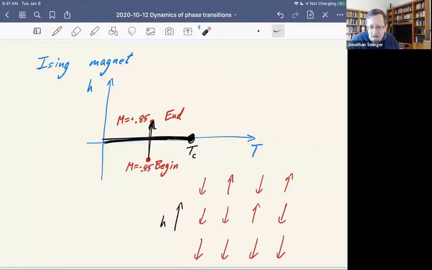When it flips from down to up, it has a favorable interaction with the applied field. That's good. On the other hand, this spin also feels an interaction with the neighboring spins, which are mostly pointing down. After it flips, now it experiences these unfavorable interactions with all the neighboring spins.